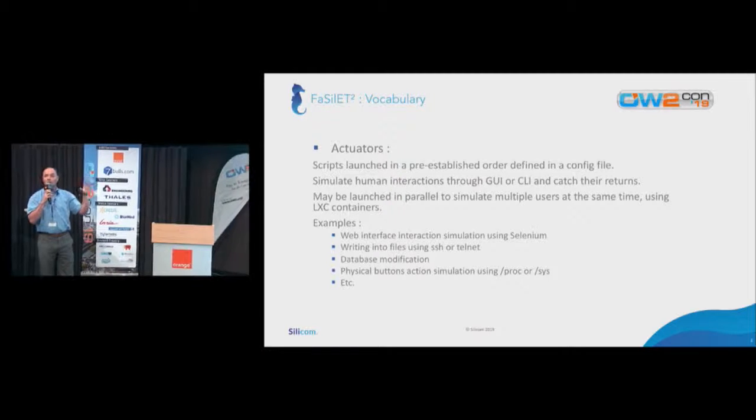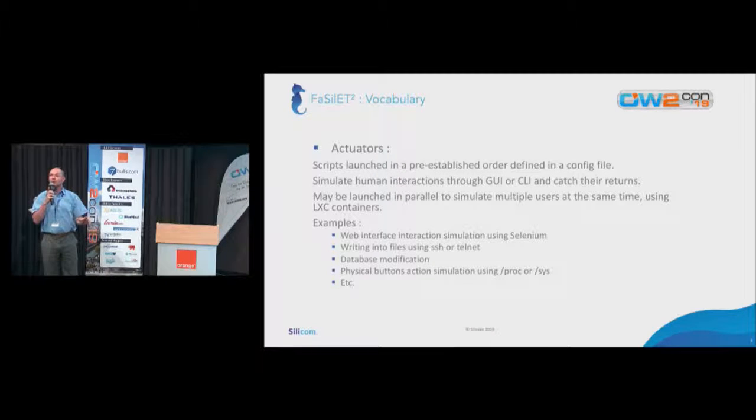Actuators exactly act like a human, like the tester, like a developer, or like a user, an end user. They are launched in pre-established orders. They simulate human interaction, but they also can be launched in parallel to simulate many human, many inputs.